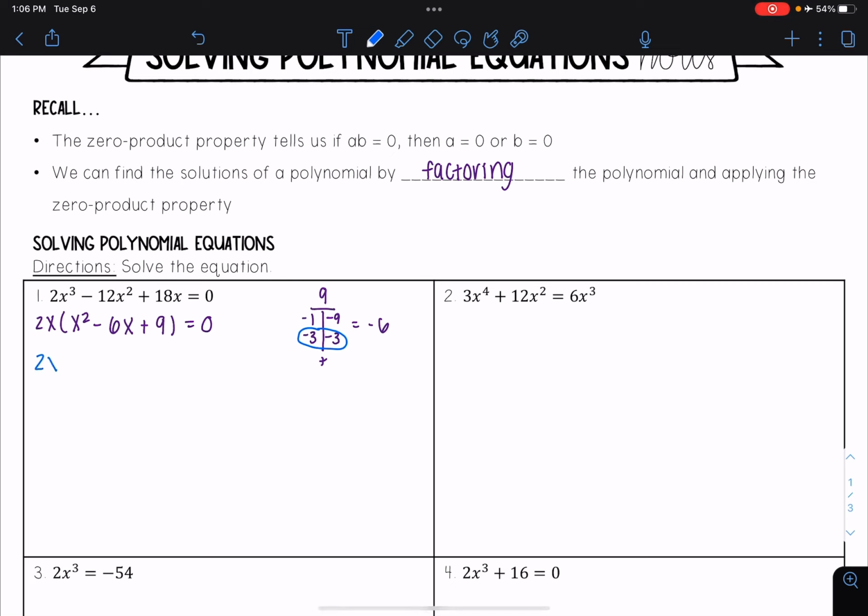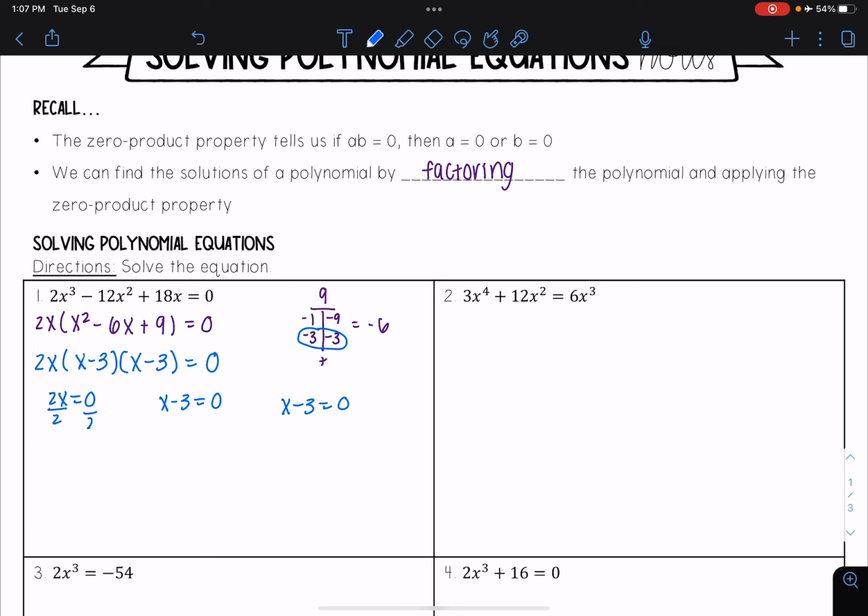So this leaves me with 2x times x minus 3 times x minus 3 is equal to 0. And now to find my solutions, I can just set each of these factors equal to 0 and solve. So I have 2x is equal to 0, x minus 3 is equal to 0, x minus 3 is equal to 0.